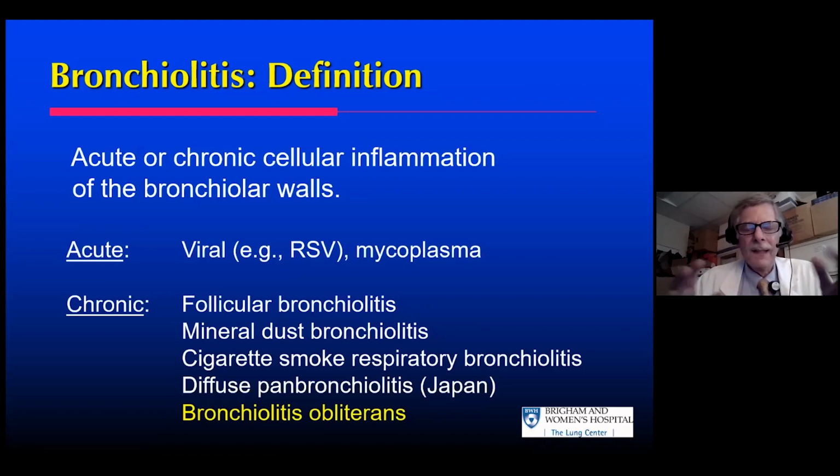And in Japan, they see what seems to be an infectious diffuse panbronchiolitis treated with macrolide antibiotic.